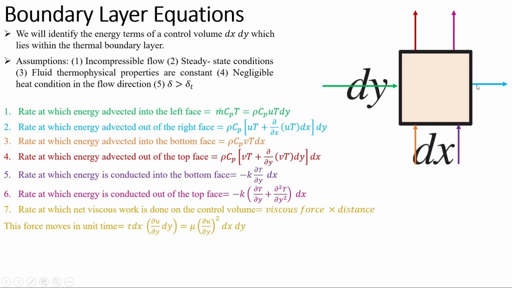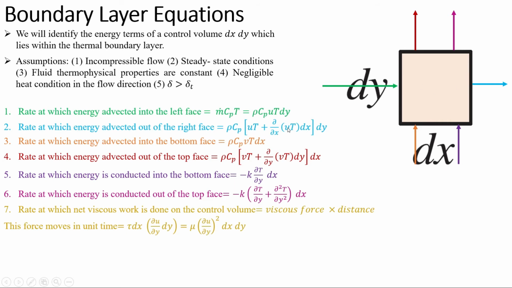the amount of energy that goes out from this direction will be this energy plus change of this energy with respect to x. The energy that goes out from the right phase, this light blue arrow shows the rate of energy that is advected out of the right phase, and it is rho Cp uT plus ∂/∂x (uT) dx times dy.